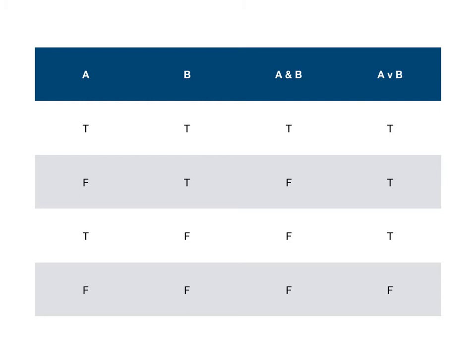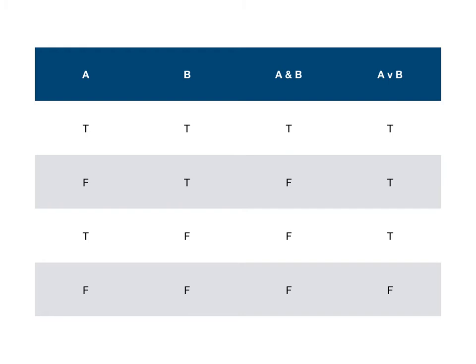Well, there's only one line here, the top one, where A and B is true, and lo and behold, A or B is true on that line too, right? I also said it logically entailed A. Well, that means whenever A and B is true, A will be true as well. Well, again, there's only one line where A and B is true. On that line, A is true as well, right?